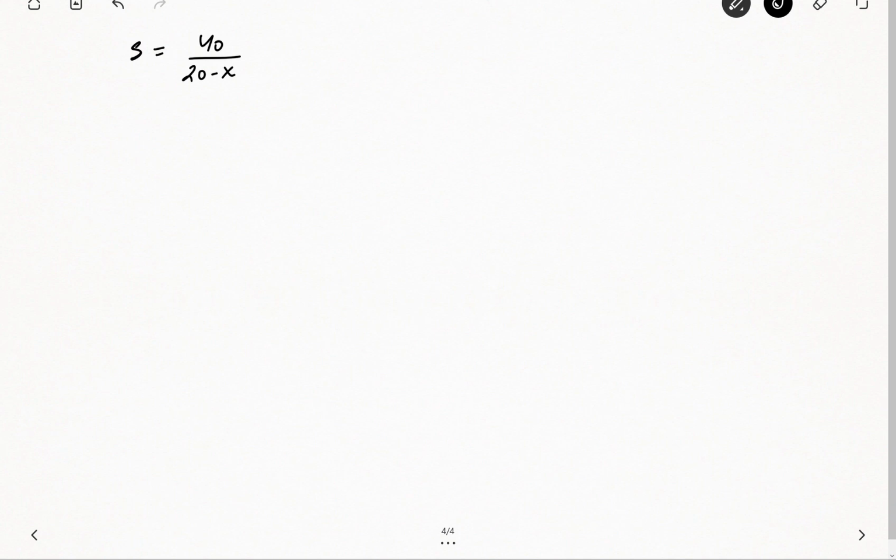Okay, so now when we're looking at this, we need to figure out the derivative of this function with respect to time because we have the relationship now. So S prime is just going to be, we keep the 40 outside, negative 1 over 20 minus X squared, times minus 1 times X prime. All of that because of the chain rule.